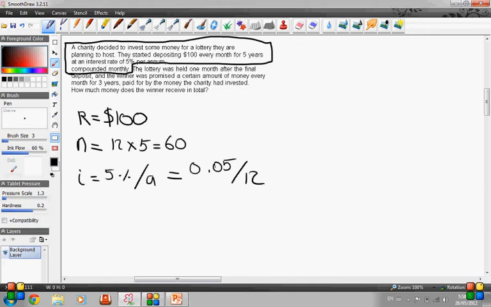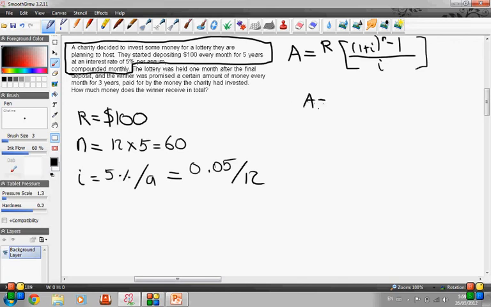So right now, we need to decide the amount of money that the charity has at the end of 5 years. So let's write down our formula for the amount of an ordinary annuity first of all. We know that A, the amount, is equal to R multiplied by 1 plus I to the power of n minus 1, divided by I. So let's input our variables here. We don't know the amount, that's what we're trying to find.